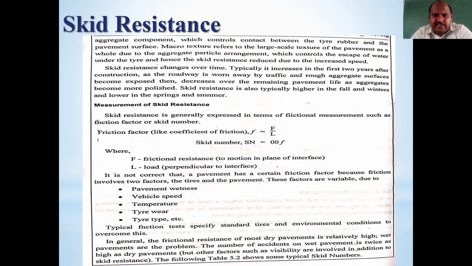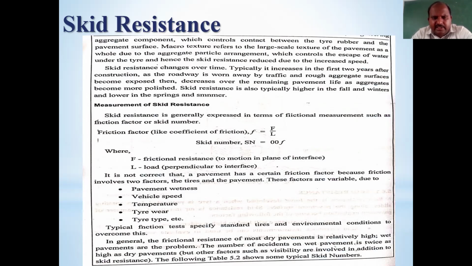It is not correct to say that a pavement has a certain friction factor, because friction involves two factors, the tires and the pavement. These factors are variable due to pavement wetness, vehicle speed, temperature, tire wear, tire type, etc. To overcome this, typical friction testers specify the standard tires and environmental conditions.